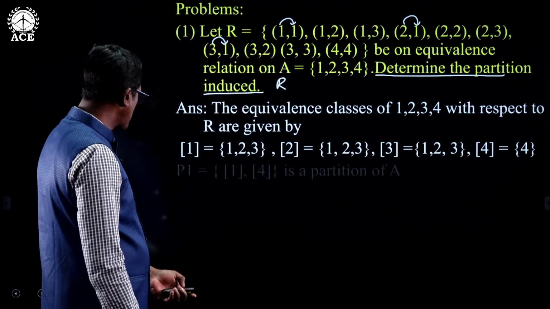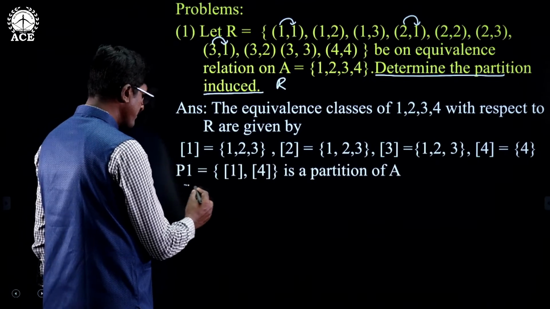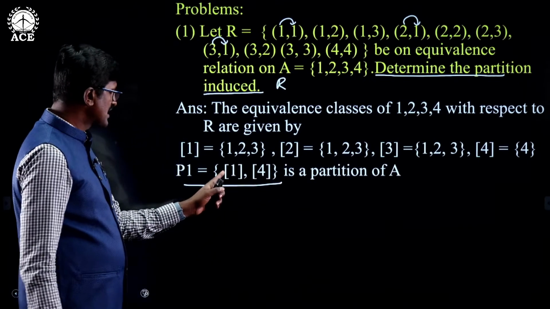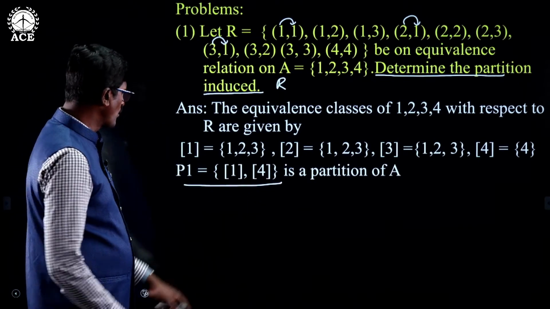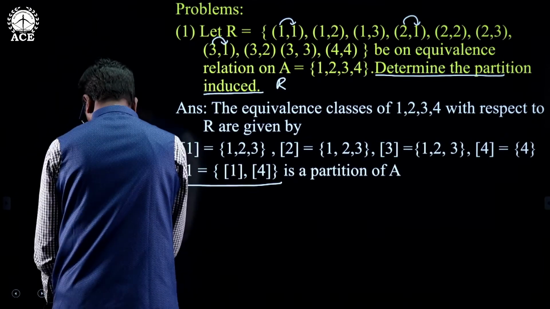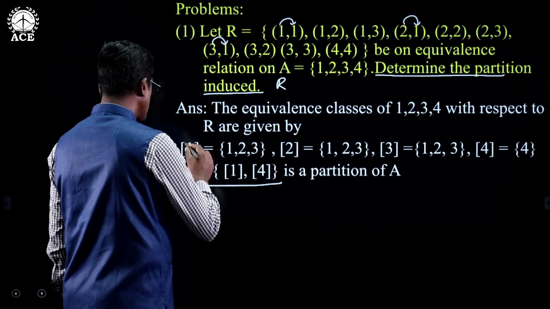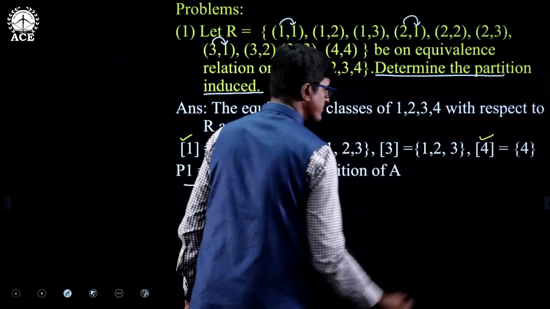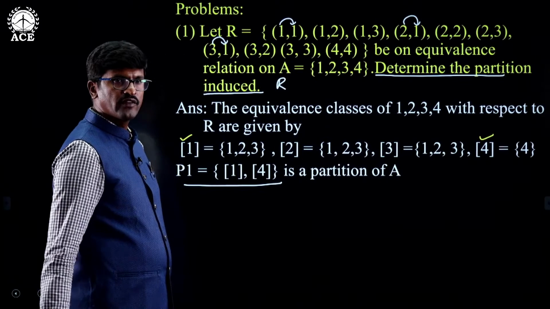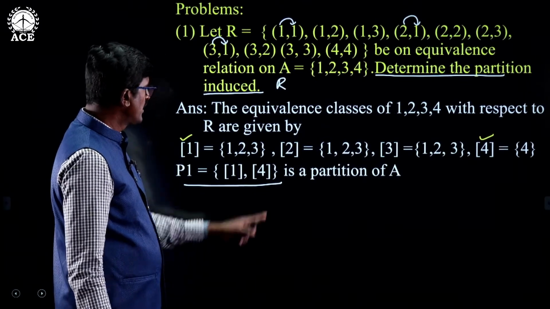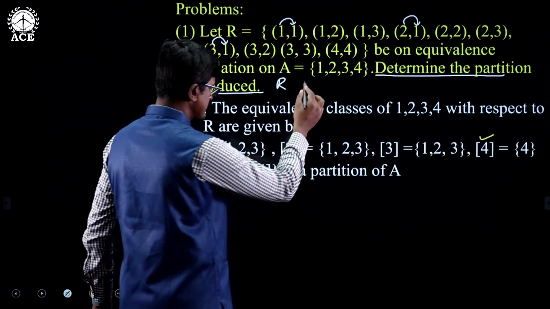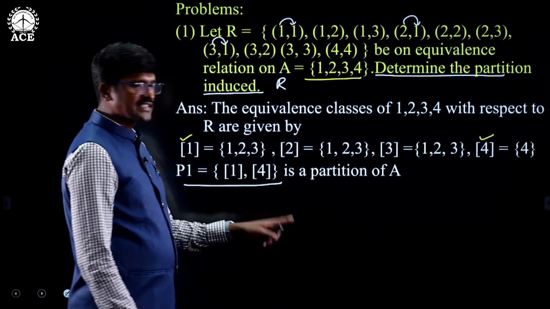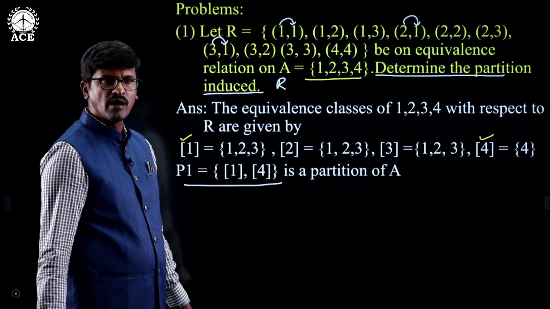Now I am going to take the partition. If you take the partition consisting of the equivalence class of 1 and 4, this is the equivalence class of 1, and this is the equivalence class of 4. If you take the union of the equivalence classes of 1 and 4, then you are going to get the given set. If you take the intersection of them, there are no common elements.